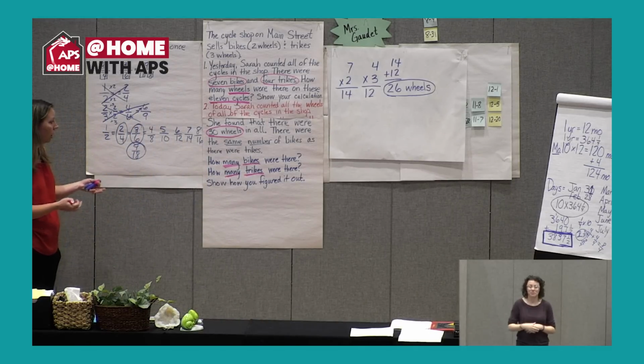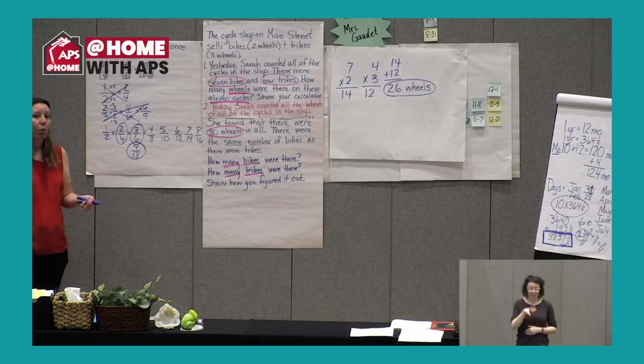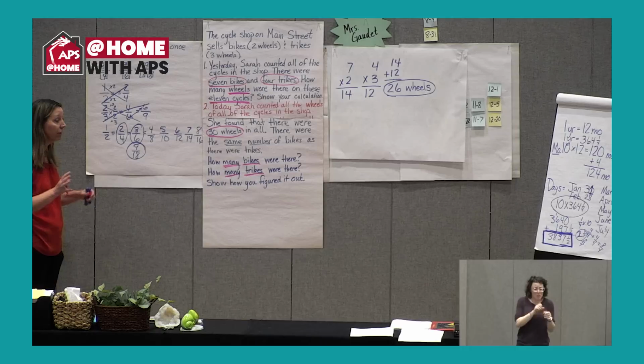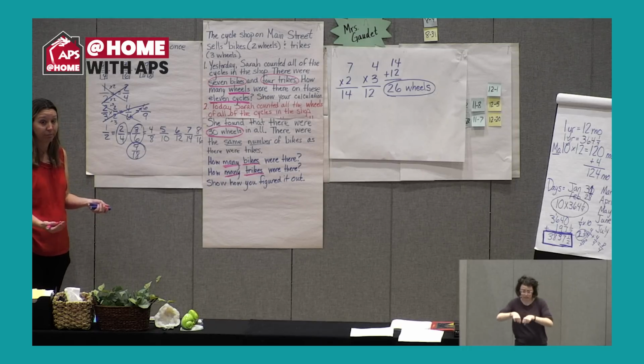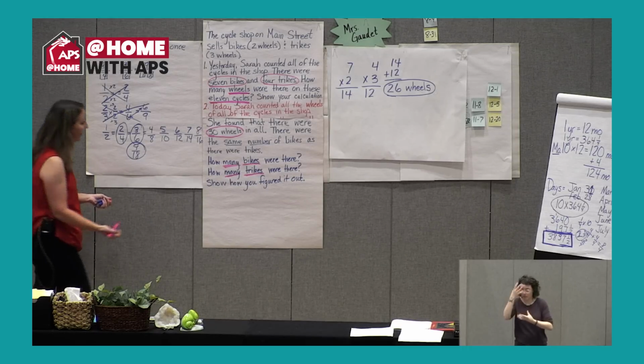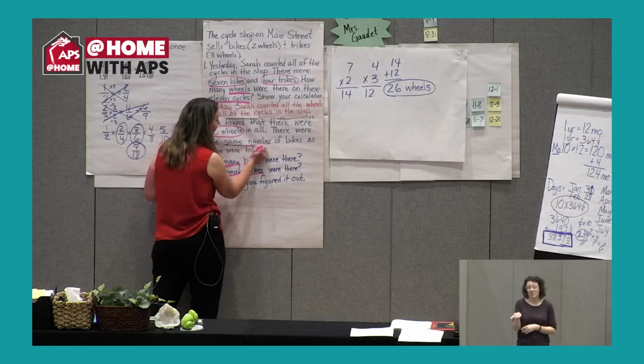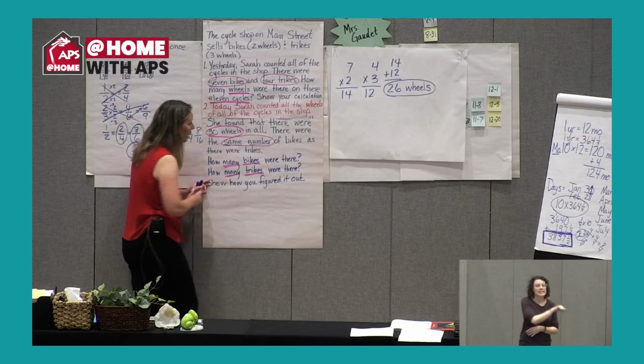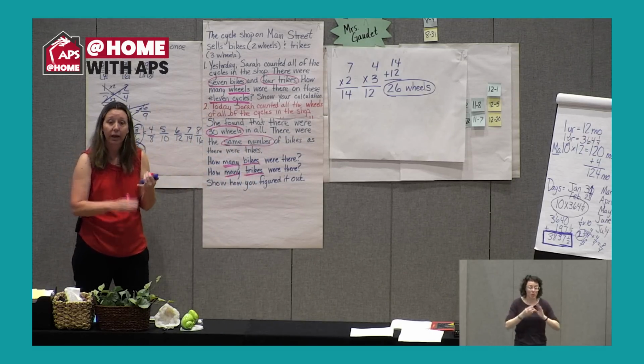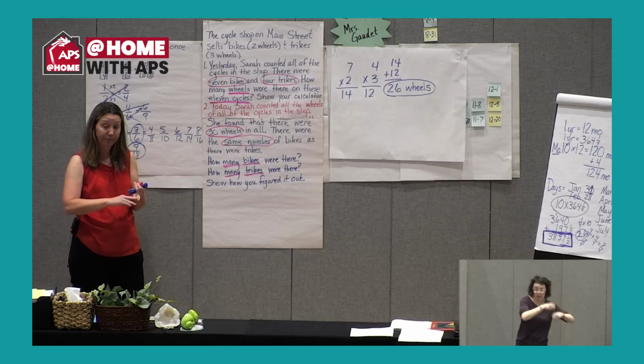We know there are a combination of bikes and trikes. What other piece of information do we need to know? And I'll tell you right now, a lot of us skip over that piece of information. Yeah, right? It's even underlined for you. Same number. So I have to have the same number of bikes and the same number of trikes.